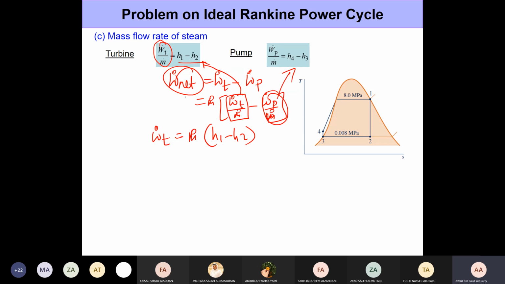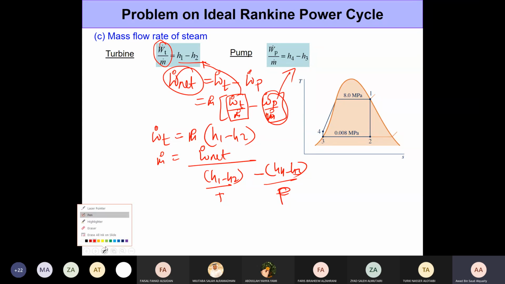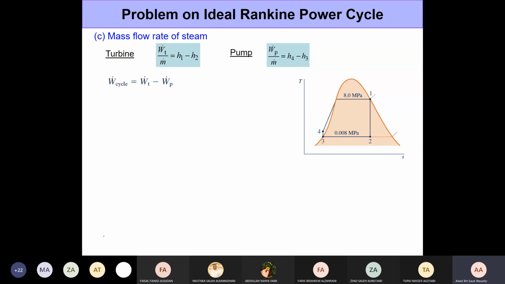So you just have to divide that. m dot would simply be the net work output divided by (H1 minus H2) minus (H4 minus H3), the enthalpy changes within the turbine and within the pump. So it was very simple. It's not very complicated. We just need to determine this m dot. That's all we're looking for.